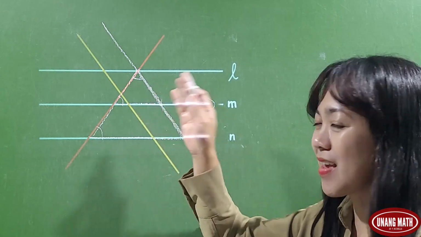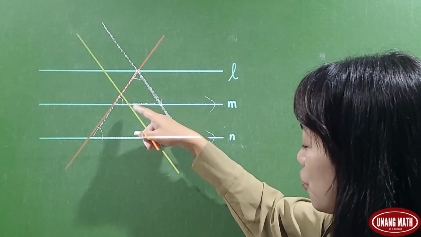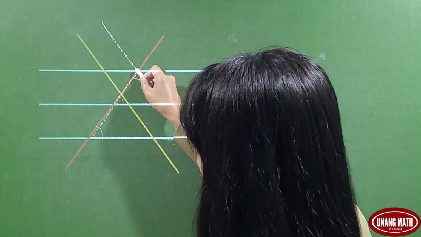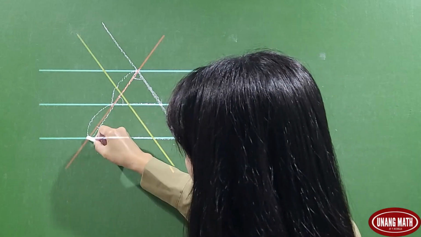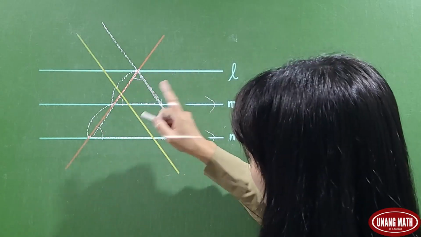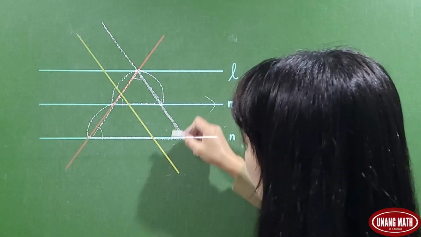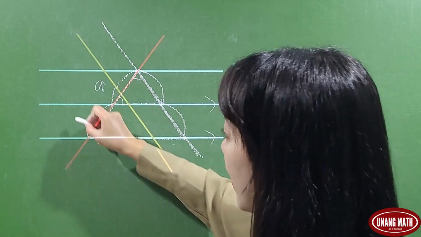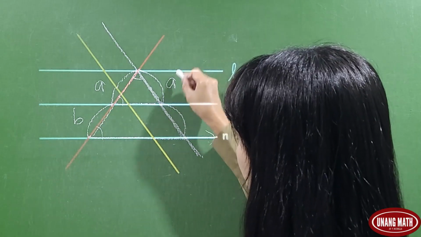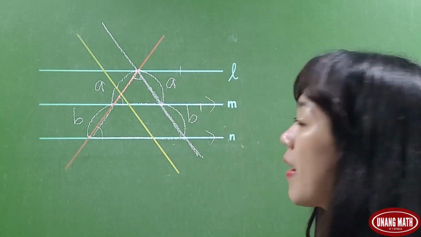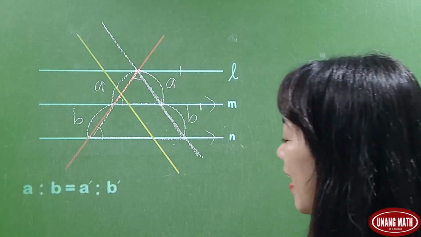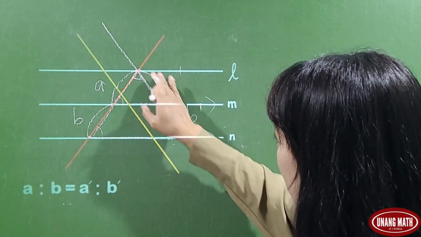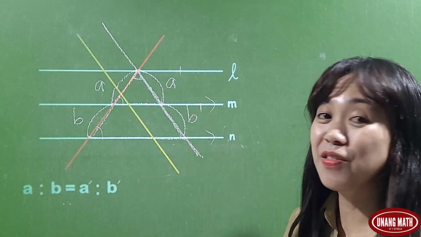So AA similarity. So from that, this length is to this length. That would be equal to the ratio of this length to this length. So if this is A and this is B, this is A prime and this is B prime, then again we can say that A is to B would be equal to the ratio of A prime is to B prime.